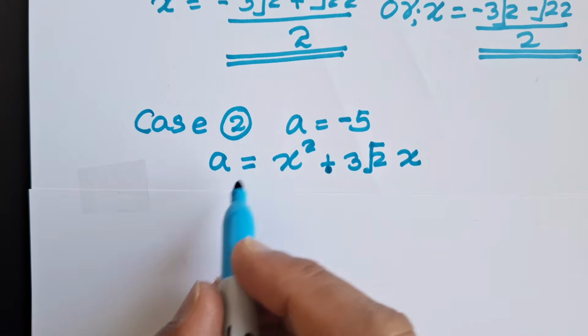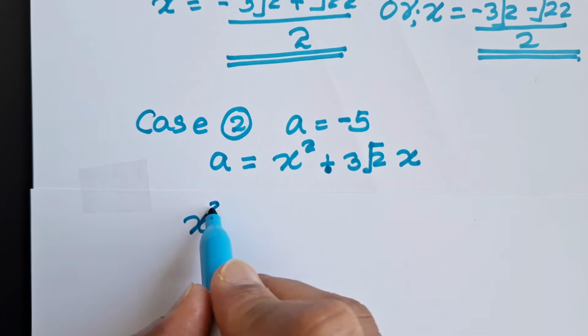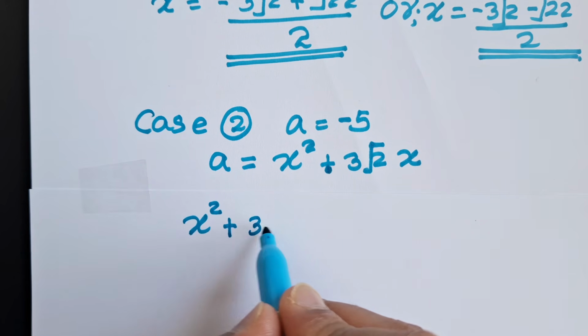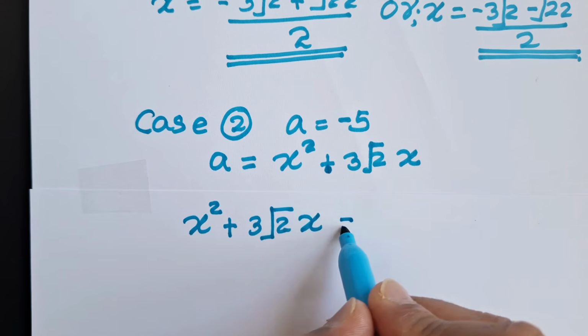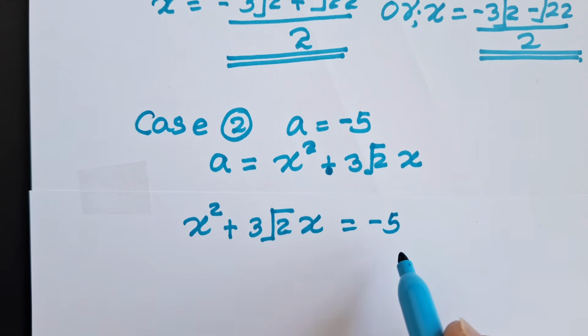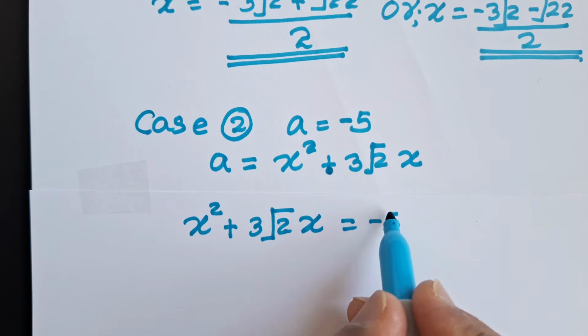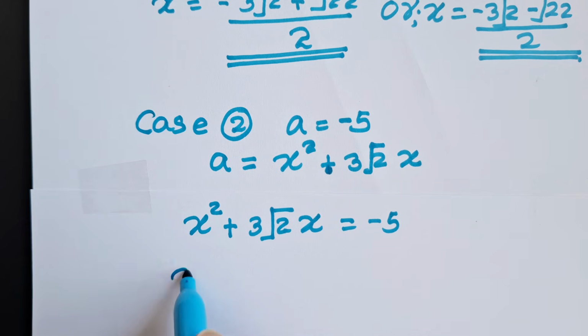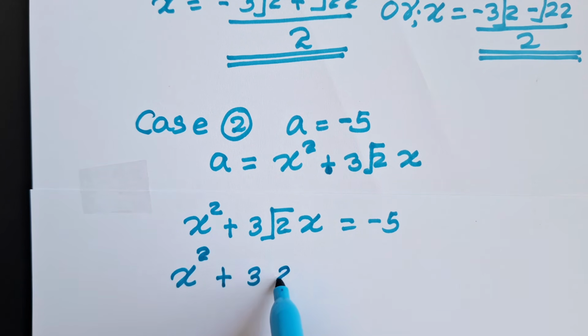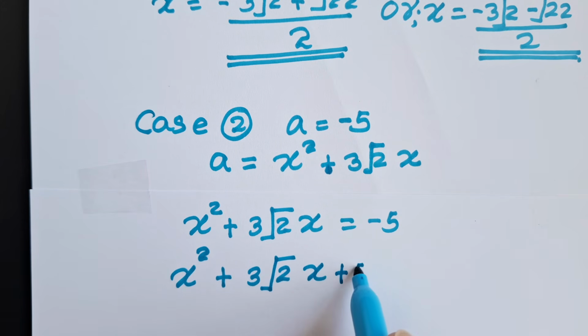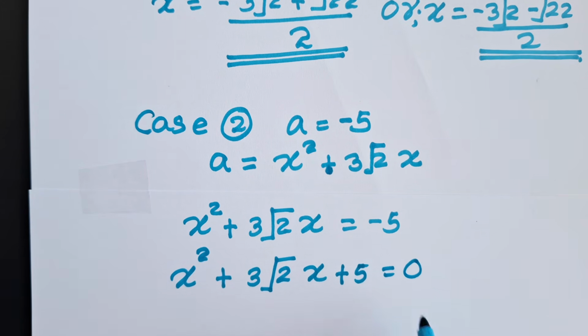Then we have x squared plus 3 times square root of 2 times x is equal to minus 5. Then I'm going to take minus 5 to the left hand side of the equation, and it will become plus 5. Then we have x squared plus 3 times square root of 2 times x plus 5 is equal to 0.